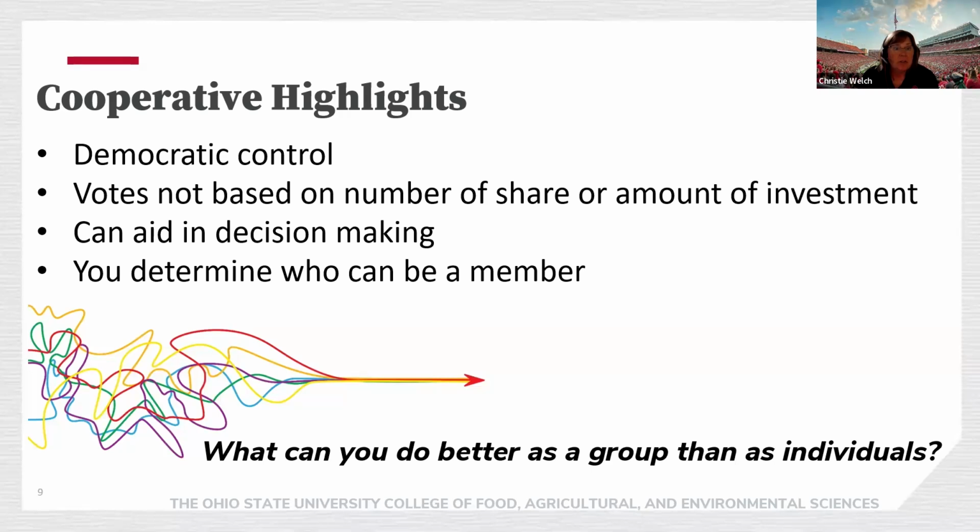And then as such, you got voting rights. And of course, the vote's not based on your number of shares. So we have vendors that have multiple spaces at the farmers market. Regardless, they still only get one vote. So one member, one vote, regardless of their investment in that cooperative.